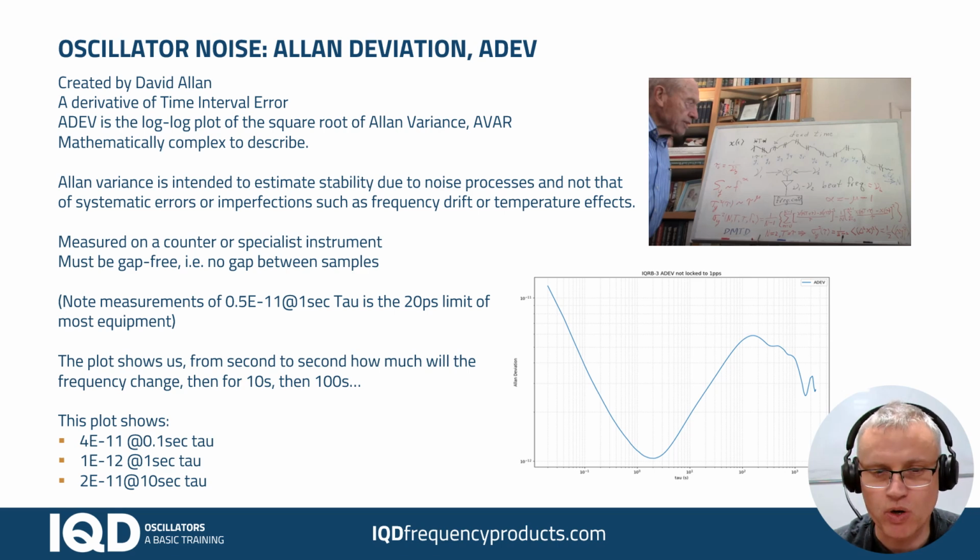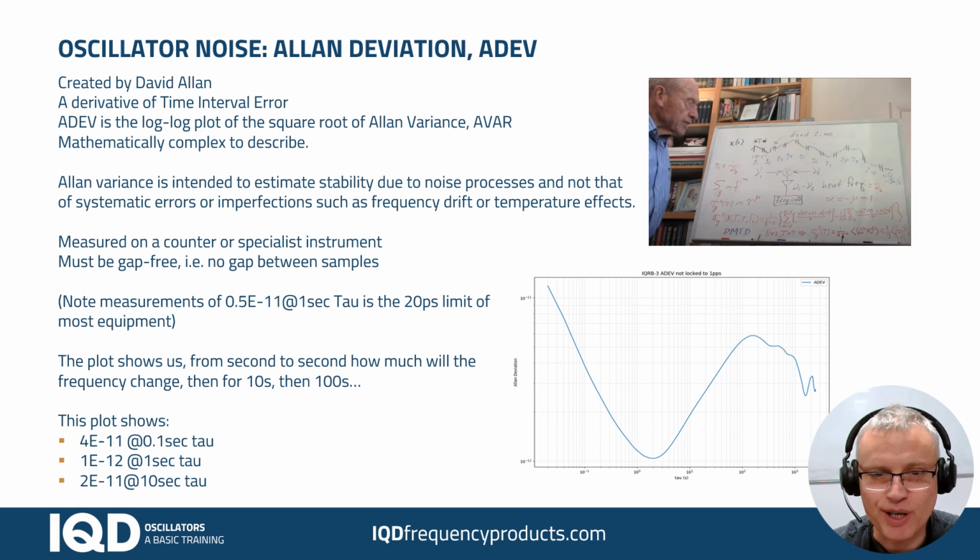In fact there was a way mathematically to compensate for that, but that was very complex. Modern counters don't do that anymore. Most modern counters are what we call gap-free, so they're interleaving over each other. That's much easier for an Allan deviation calculation. So if you're using an older counter, just be aware of that.